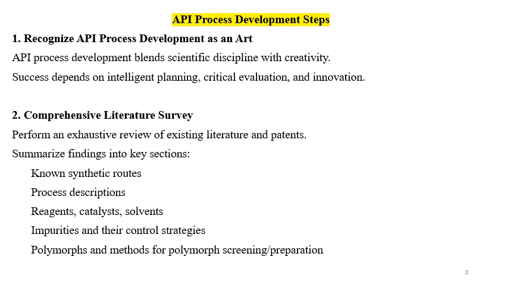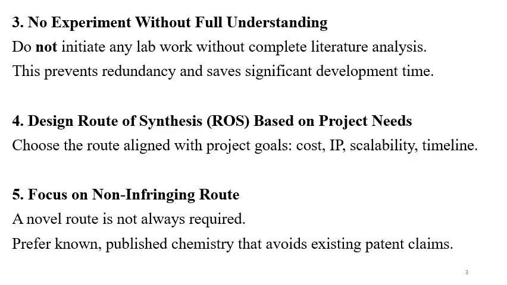Summarize the findings into key sections like known synthetic routes or route of synthesis, process descriptions, reagents, catalysts, and solvents used to manufacture, impurities and their control strategies. Then important is polymorphism, crystalline form, amorphous form, and methods for polymorph screening and polymorph preparation.